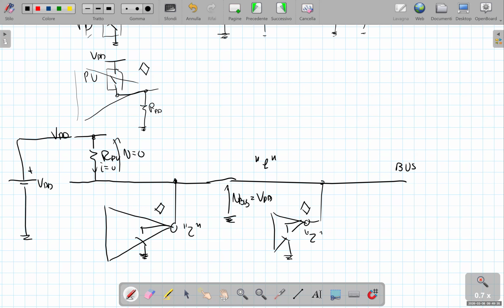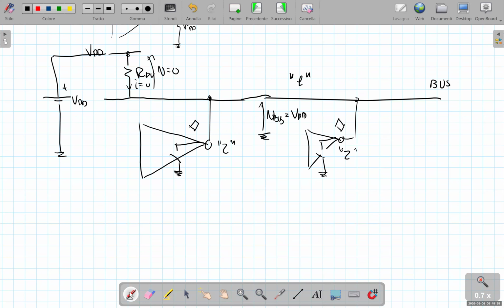It can be observed that the actual logical level of the bus is related to the single outputs of the single gates, let's call these X1 and X2, by a specific logical function.